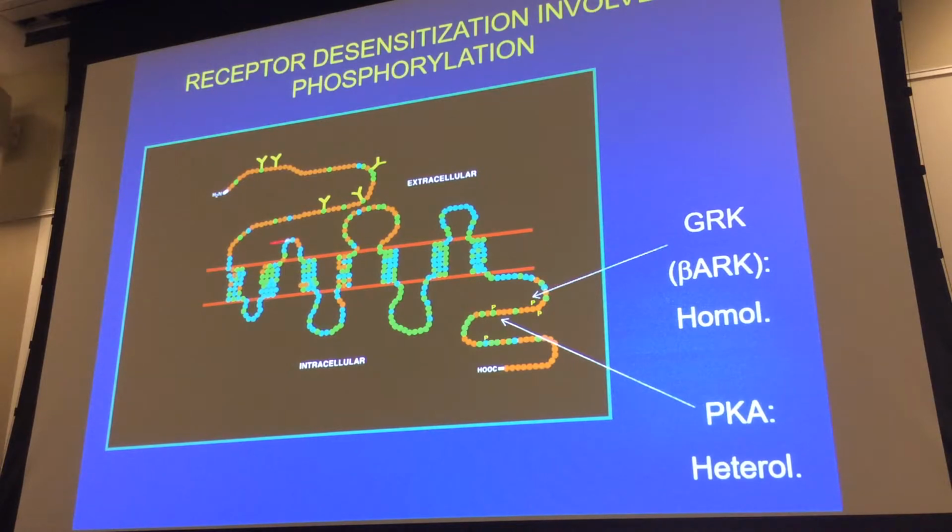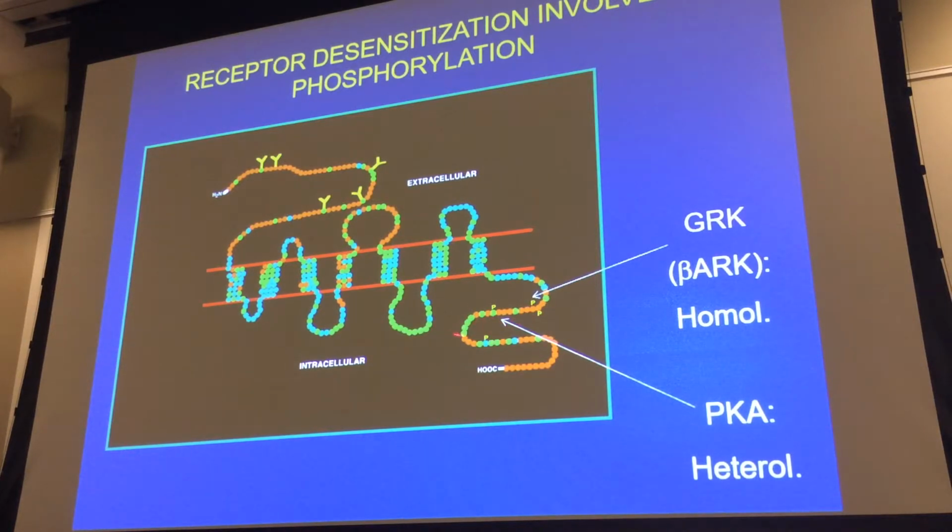Now, this is a totally reversible step because as soon as these amino acid residues are phosphorylated by GRK or PKA, they can also be dephosphorylated by other enzymes, phosphatases. Okay, a phosphatase is an enzyme that removes phosphate from amino acids.